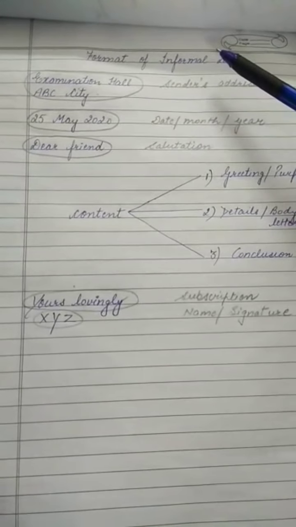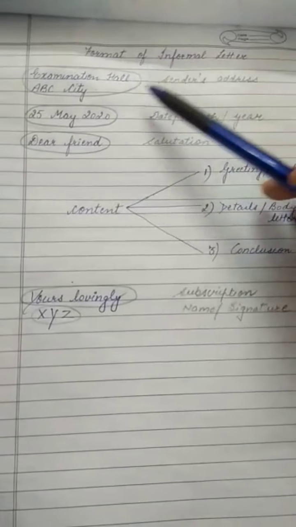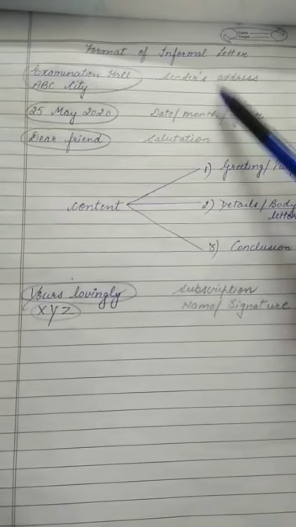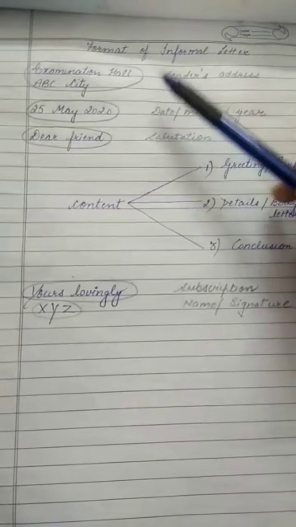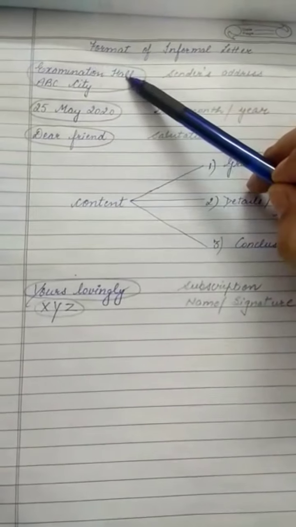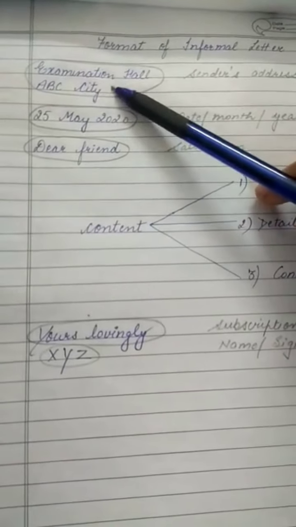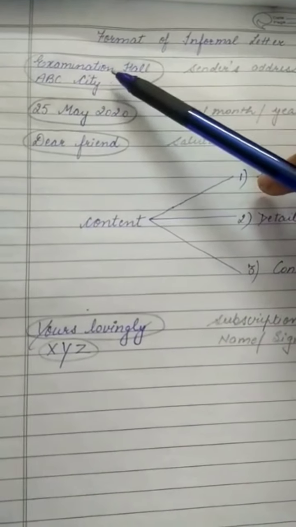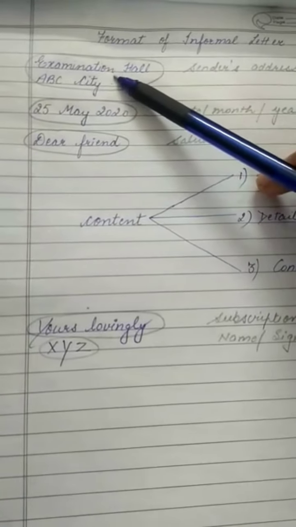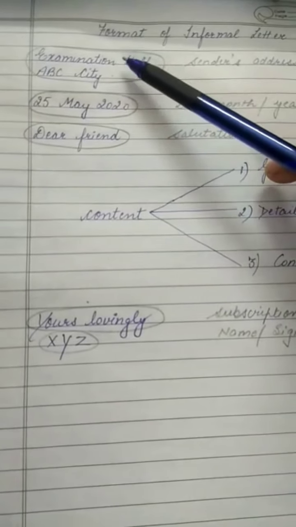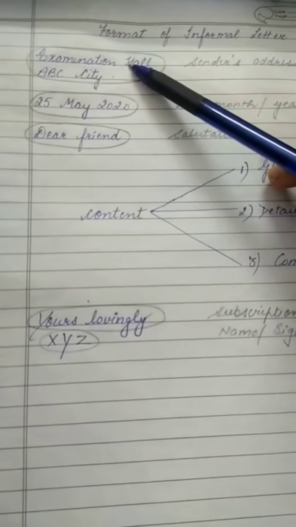According to the CBSE curriculum, we use a particular type of informal letter format. The first thing to write is your address, that is the sender's address. But here, in place of the address, we will write Examination Hall, E capital, H capital, ABC capital, City, C capital. We write everything on the left hand side of the page, and the address should be accurate and complete.